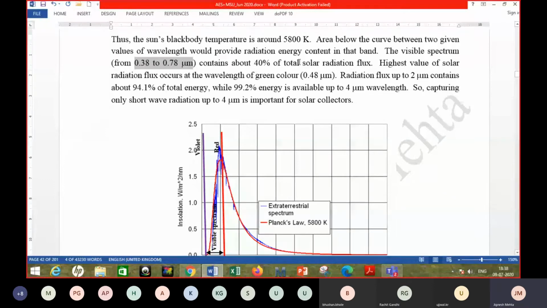So that's a significant amount of solar radiation available in the visible spectrum. The highest occurs at the green color wavelength, that is 0.48.